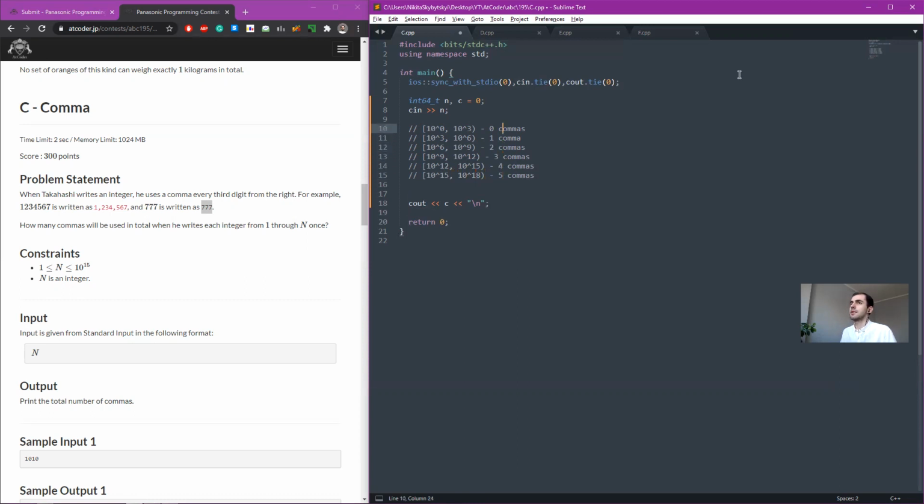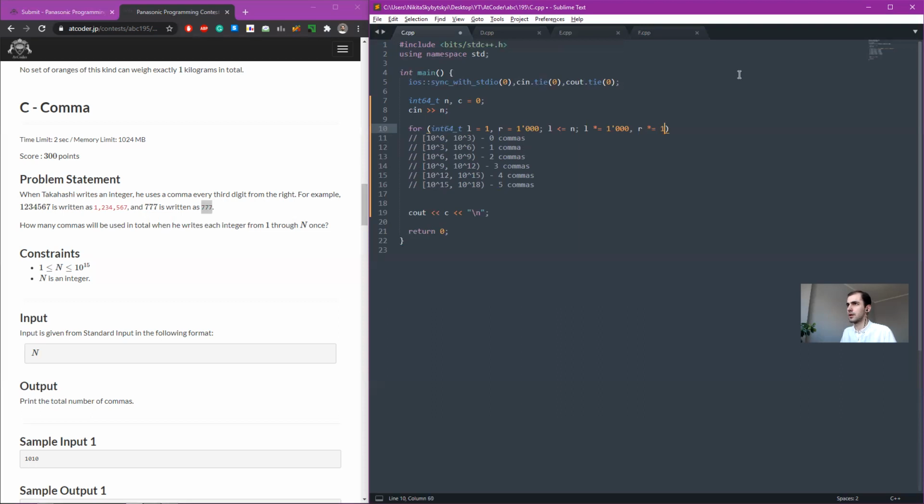Now the thing about this is that when L gets bigger than n, it doesn't make sense to continue. That's the first thing. Both L and R get multiplied by 1000, and it should be good.